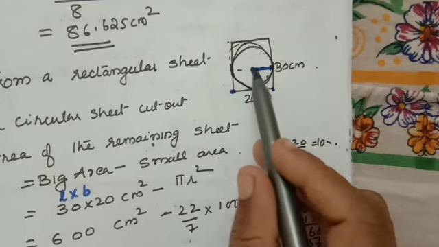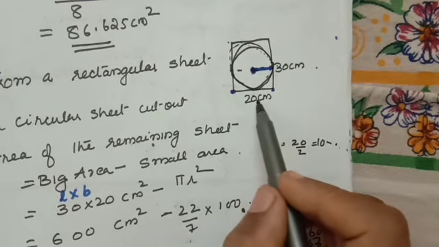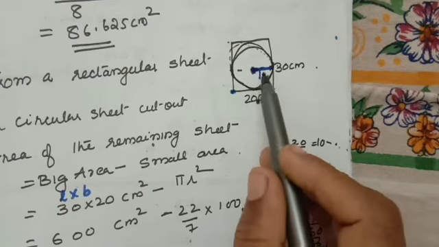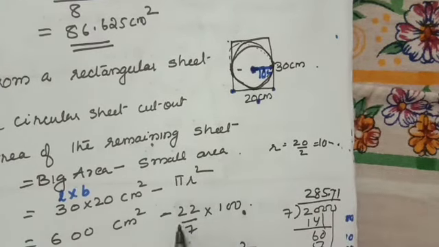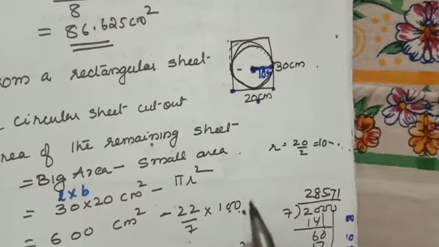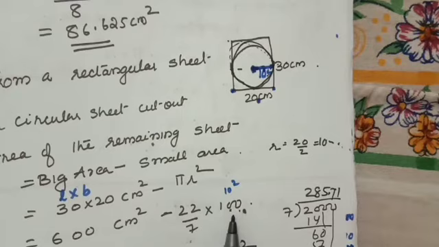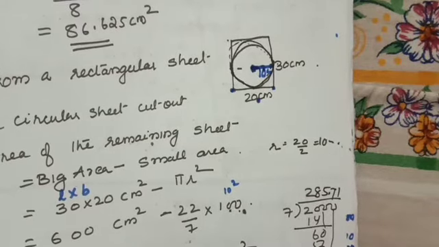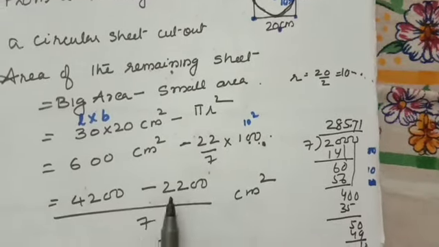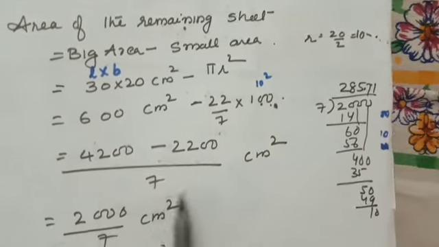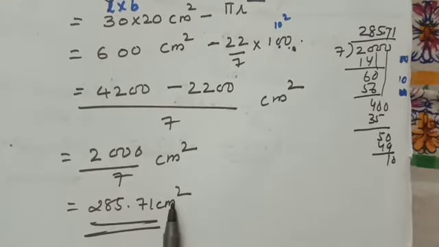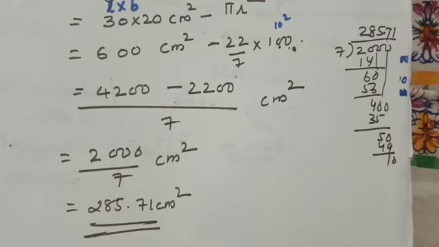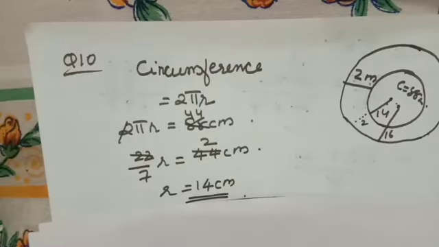So center to the edge is half of this 20, that is 10. So the circle radius is 10. Pi r square, 10 square, that is 100. Understood? Radius 20/2 is 10. Put the value, cross multiplication, and you will get 285.71 centimeter square. Question number 10.